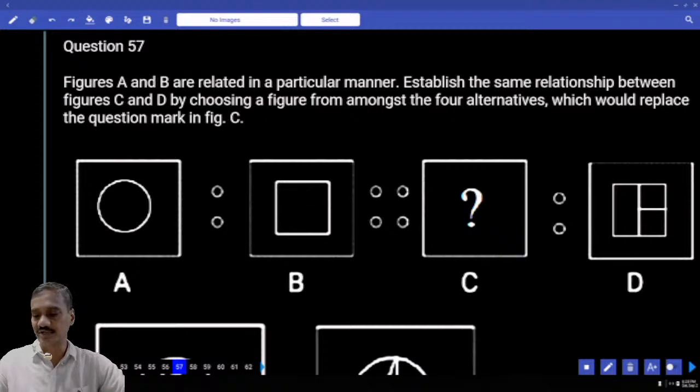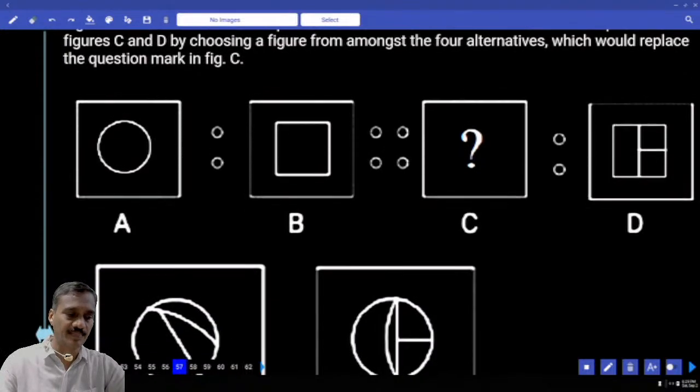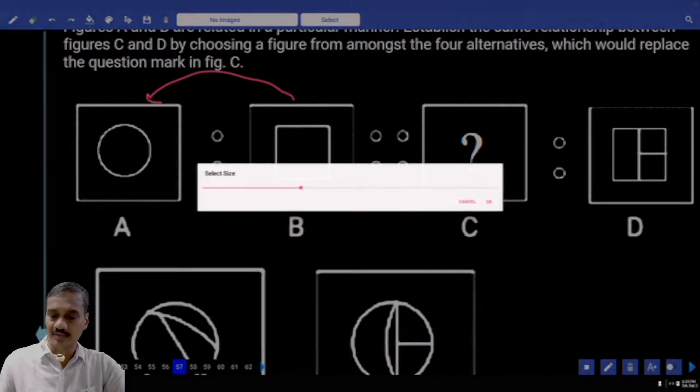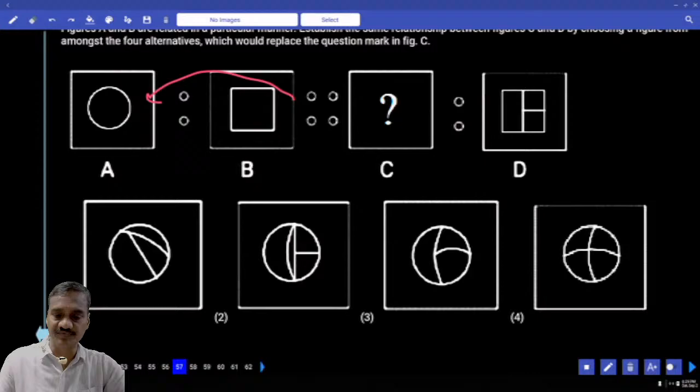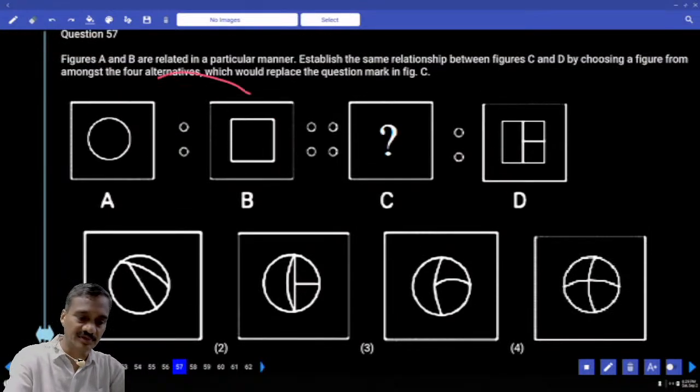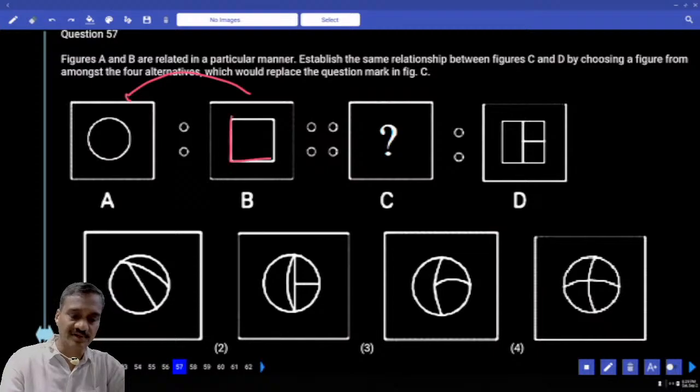Now A and B are related to each other in a particular way. Then in the same way you need to find. The question mark was given in the second figure, and second figure to the third figure, hence we need to move in the reverse order. Then if you are comparing from the second figure to the first figure, what is the relation we have from here to here? Then this entire square has become circle inside, isn't it?